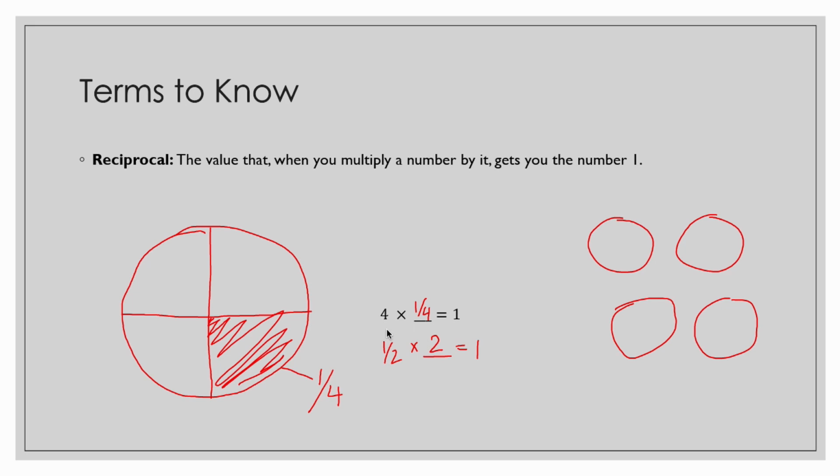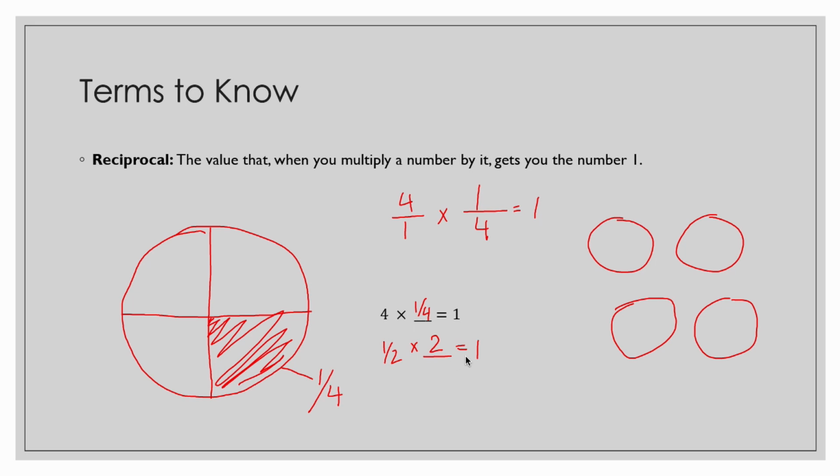So if we write this whole number as a fraction, this would equal 4/1. And this is already a fraction. So 4/1 times 1/4 is equal to 1. And you can see that the numerator and denominator of these two have been reversed, and then they equal 1.